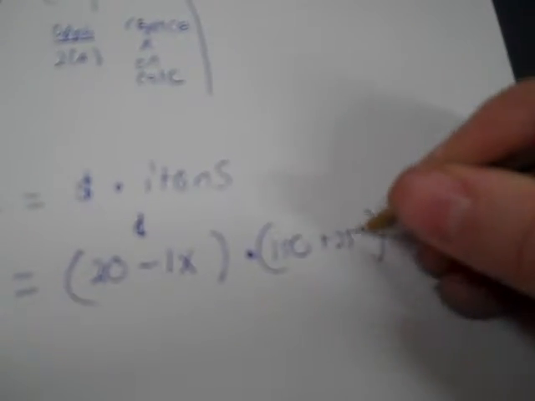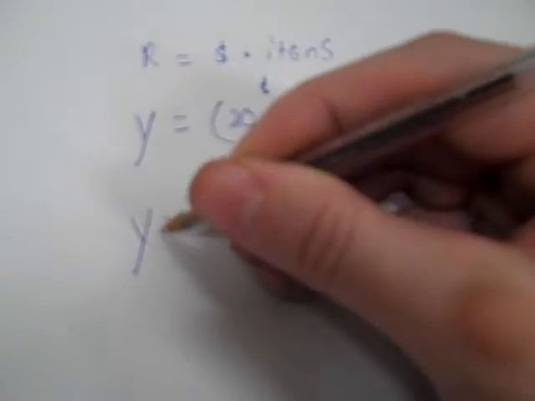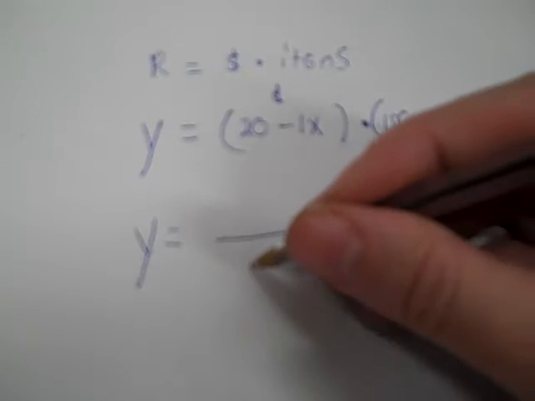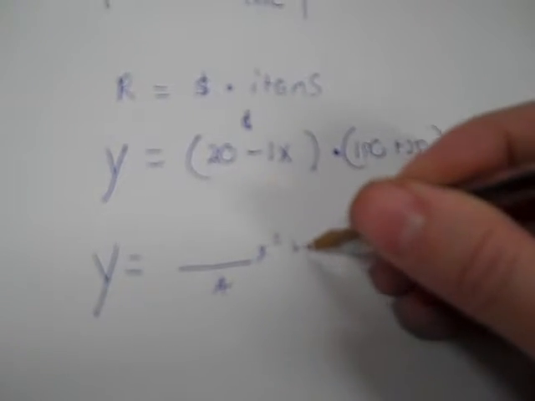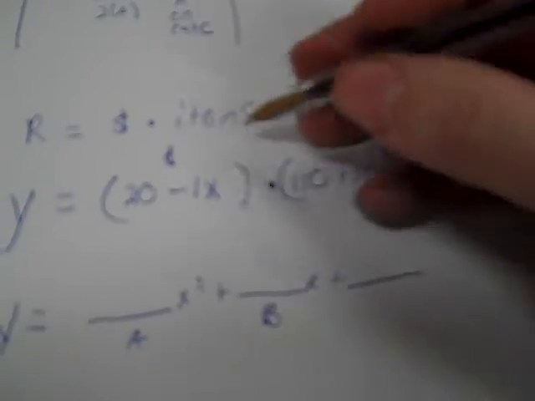Okay, now the items, cross those out as soon as you get them down. 150 and 25. So if that's minus, that's going to be plus 25 repeatedly, so x. And now I need to get this into standard form. Okay, so multiply it out.